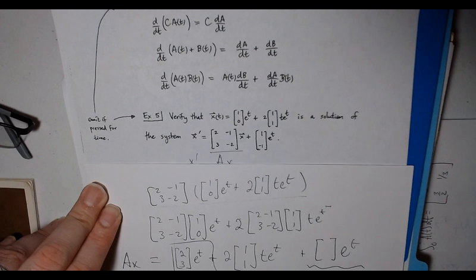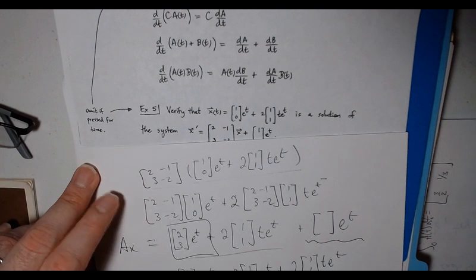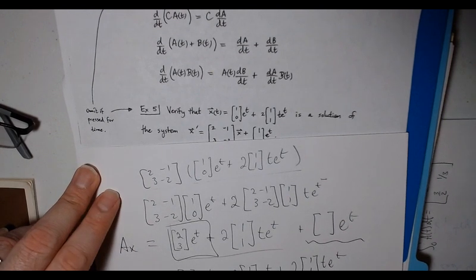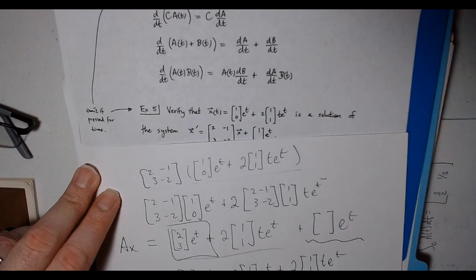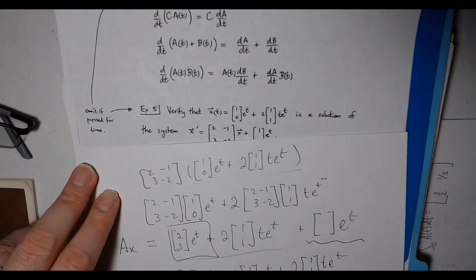I took 1 away from here, so I need to put that over here, and I added 1 to there, so I need to take 1 away over here, e to the t. And so this is equal to ax, where a is that square matrix, plus [1; -1] e to the t. So that, all off the camera.